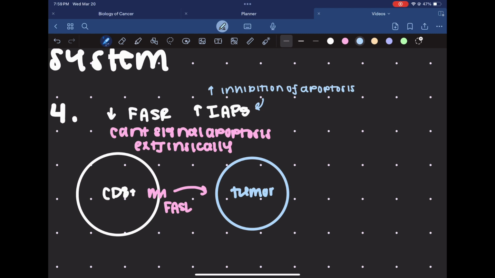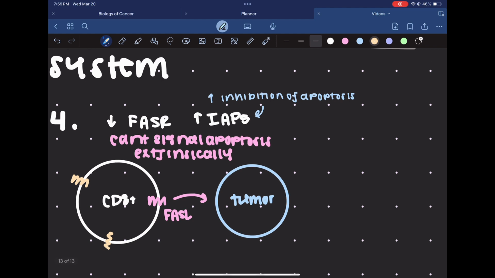And then lastly, we do have some FAS receptors on most of the cells in our body, and that includes our CD8 plus cells. So we have FAS ligands on the surface as well as FAS receptors. Something that the tumor is going to do is secrete FAS ligand that can bind to this FAS receptor and induce apoptosis in the CD8 plus cell.